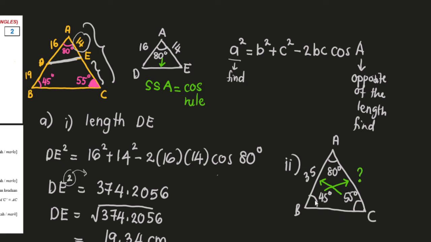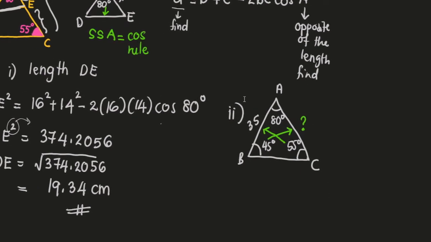So let's do the working. If you can find this opposite, you can straight away use sine rule. Which one are we finding? We are finding AC, right? So I'm going to write AC at the top over sine 45, the angle.